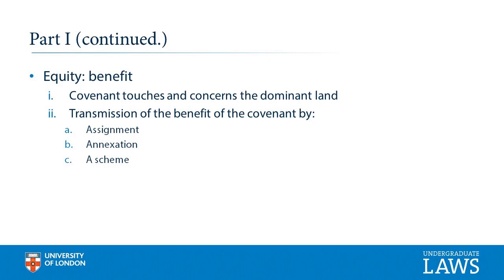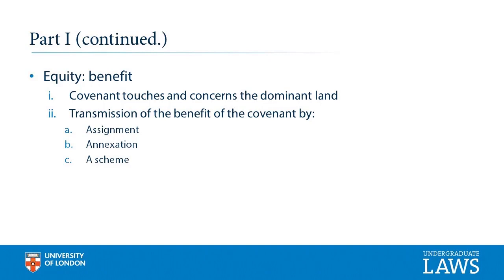Implied annexation is relatively rare. At least there are very few reported cases on implied annexation. It's sufficient for us to note that it arises where it's clear from the totality of the covenanting parties' transaction that the benefit of a covenant was intended to be annexed to the dominant land.